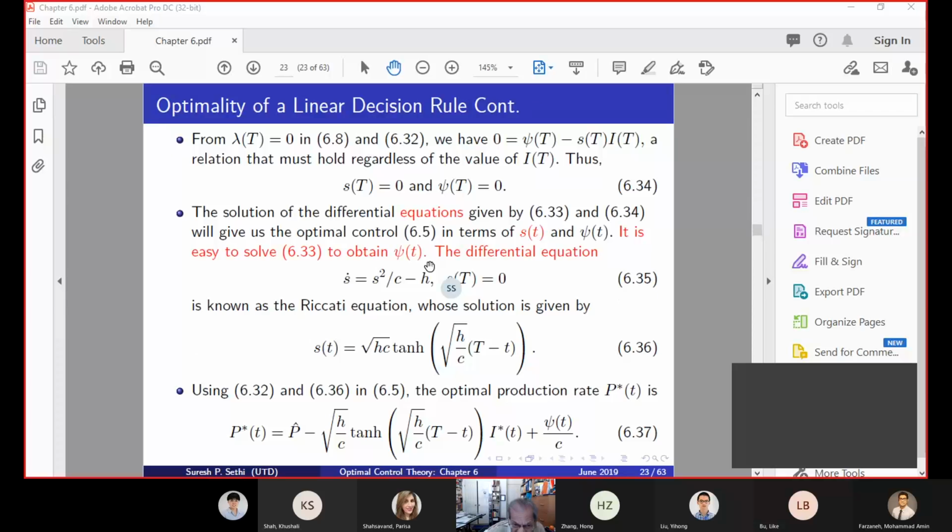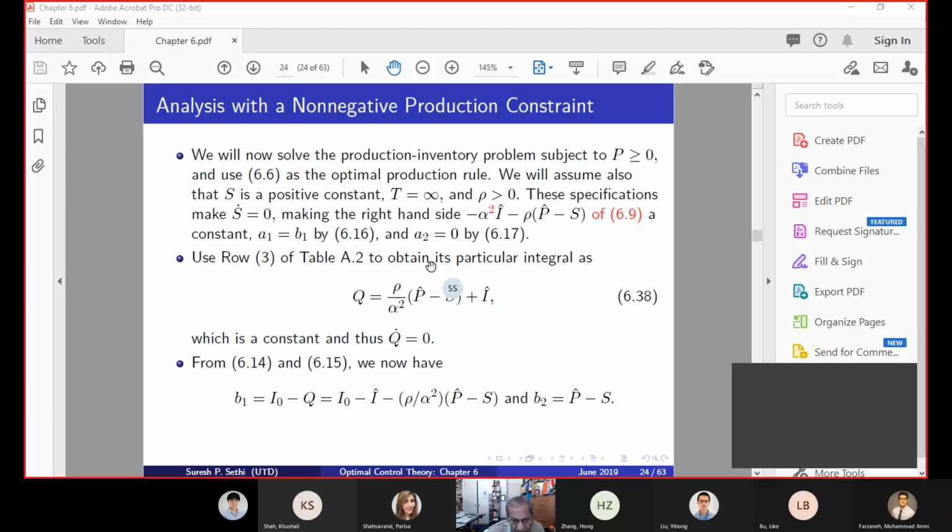The last thing I did is what I promised you. If I allow the non-negative production constraint to be a real constraint, which means that I allow any initial inventory, and if I have a large enough initial inventory, then I will probably have to do something in the beginning.